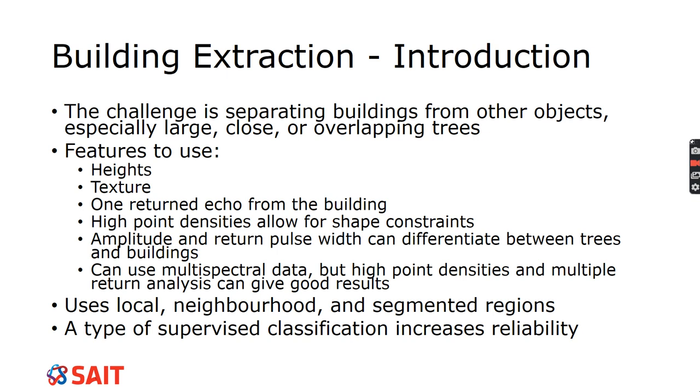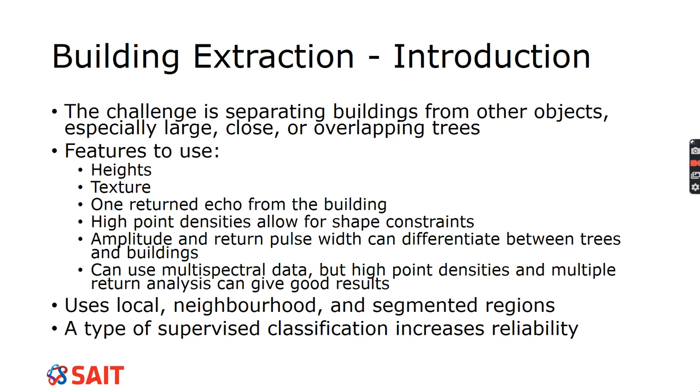We can use amplitude. If you have a flat roof, it's going to come back very strong. The pulse width can also help differentiate. When we have a sloped roof, the beam width actually elongates along that rooftop, along the slope.